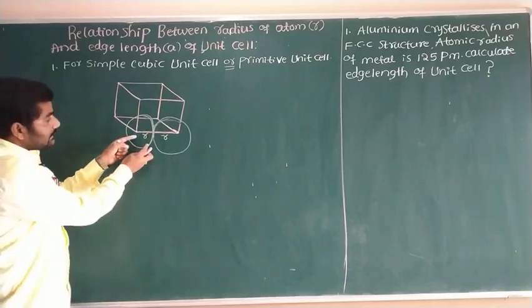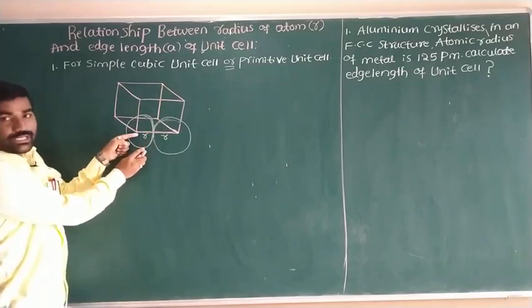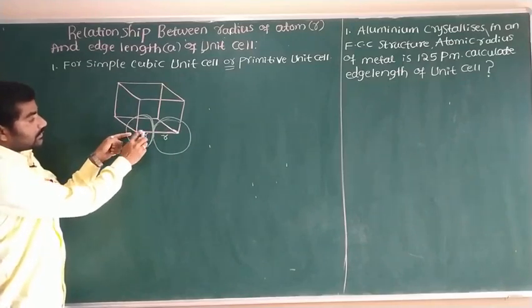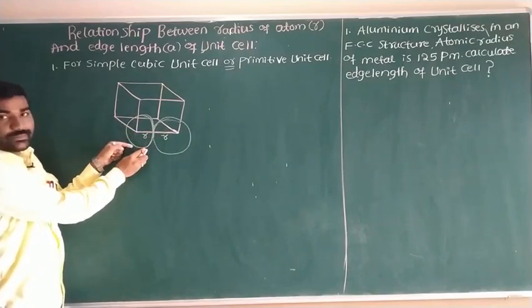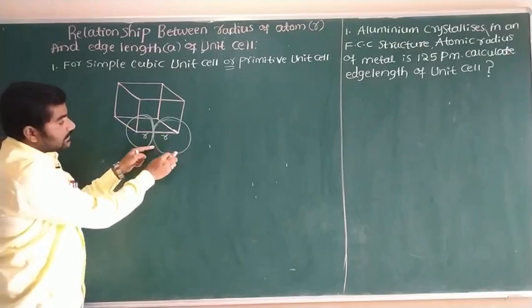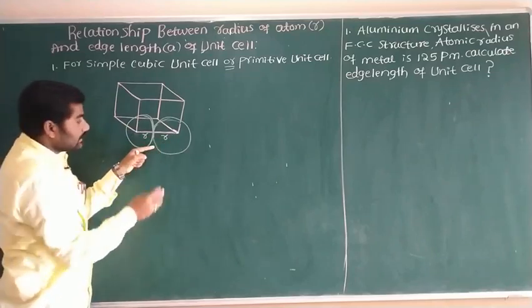Therefore this is the radius of the particle with respect to atom 1, and this is the radius of the particle with respect to the second atom.